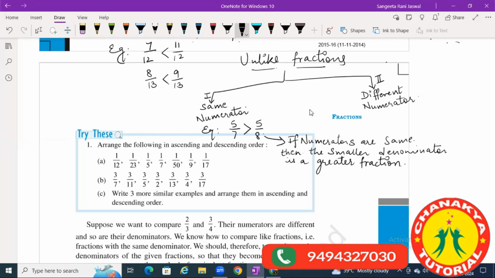If the numerators are different, you can write here, we convert fractions to like fractions.